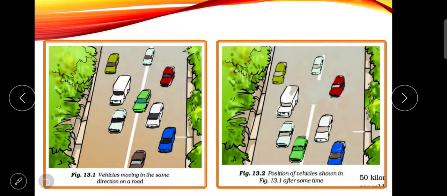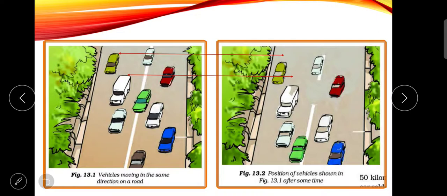Now let us try to find out the distance up to which the cars have moved. The first car was having the starting position and the end position here. This much distance is covered by it. In the similar manner, I have taken out the starting point of all the cars. Let us see. First car, you can see the distance covered is very less.